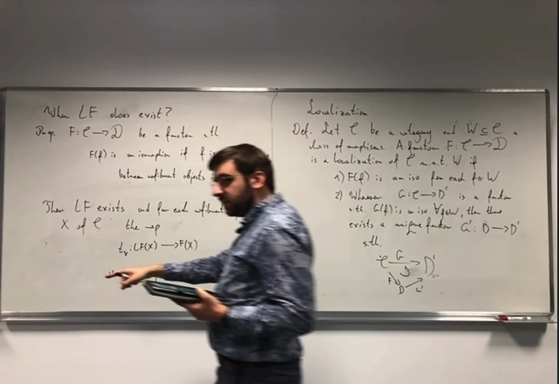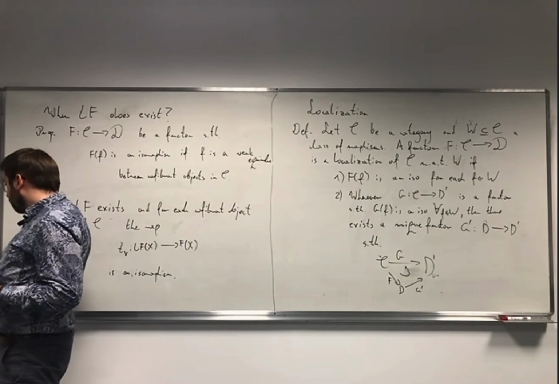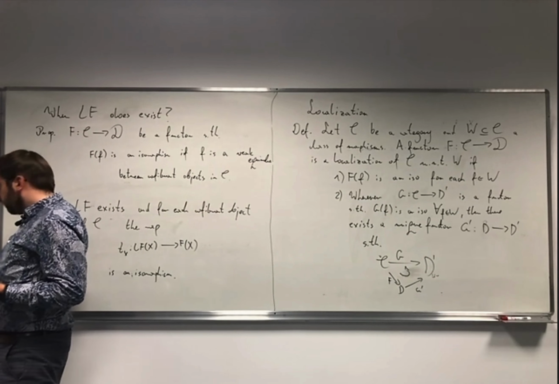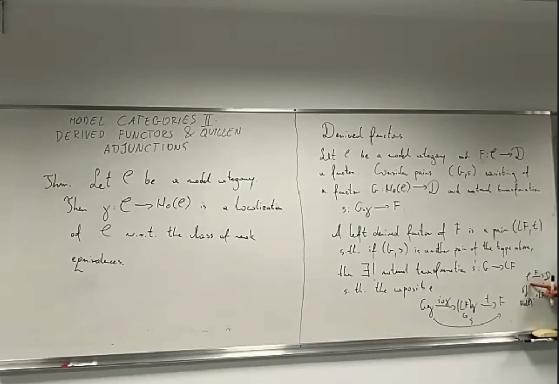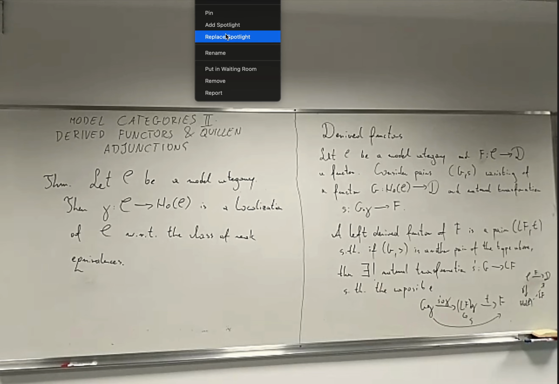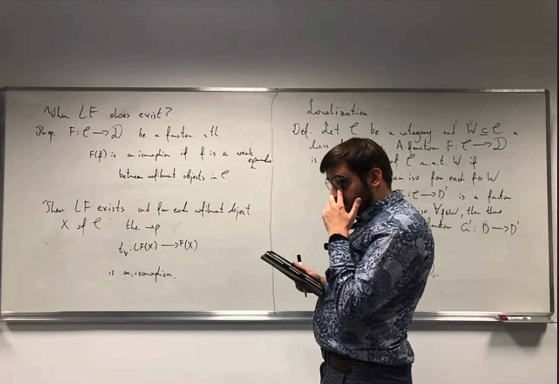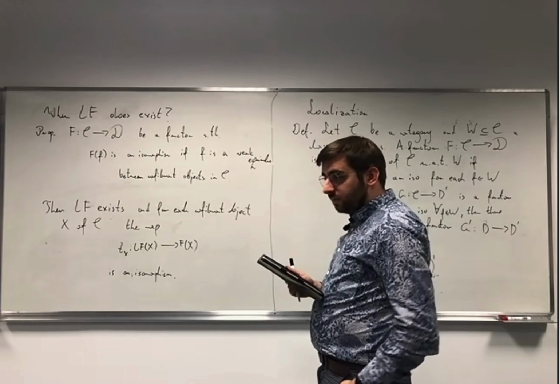Yes, so this is what we discussed here. The left derived functor is a left Kan extension over here of this diagram. So we have here the functor gamma sending C to its homotopy category, and here the functor which we want to derive. If F itself is a colimit, then LF will be the homotopy colimit.